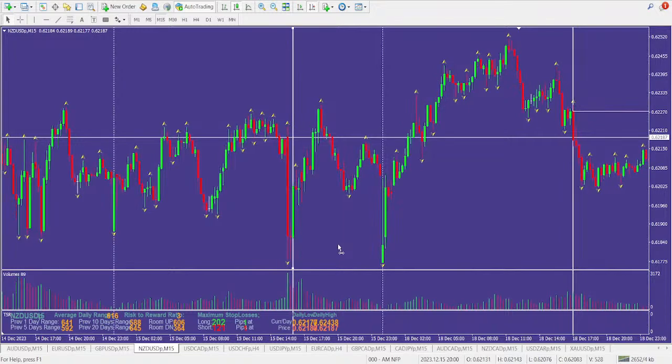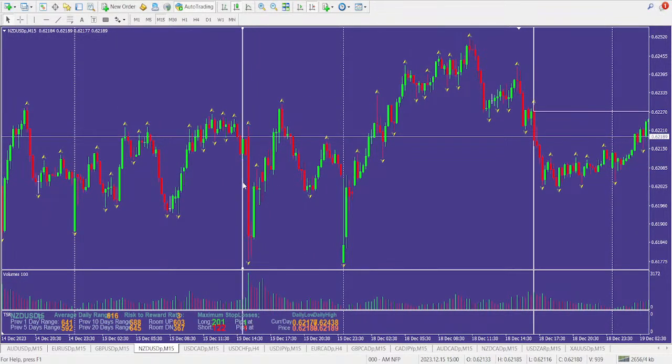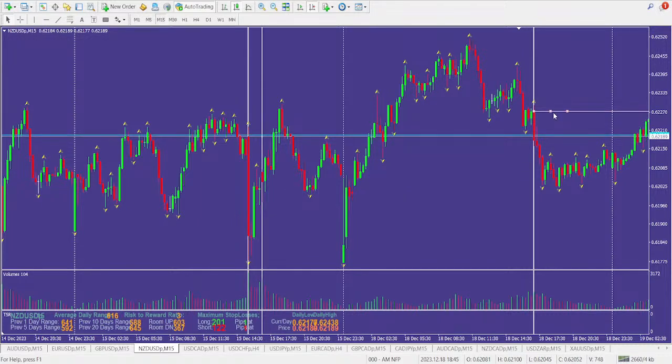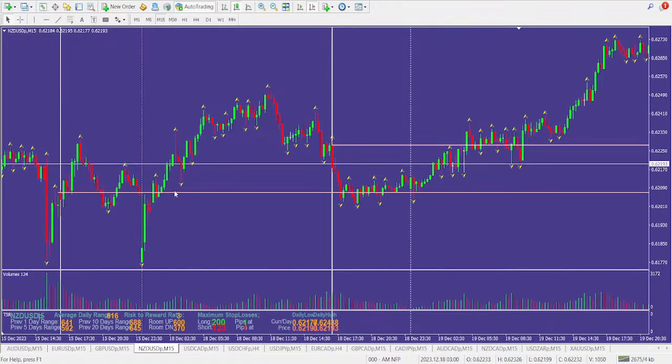Then if we go over here, look at demand number 2. Got a high volume spike over here, December 15th, and another one over here. So we've got this one over here, and this one here, that price already broke, so this one is no longer relevant. So we'll delete that one. That's demand number 1, and demand number 2, December 15 and December 18.